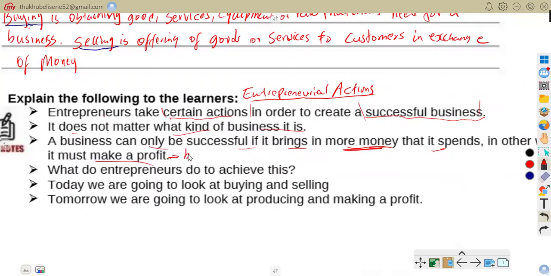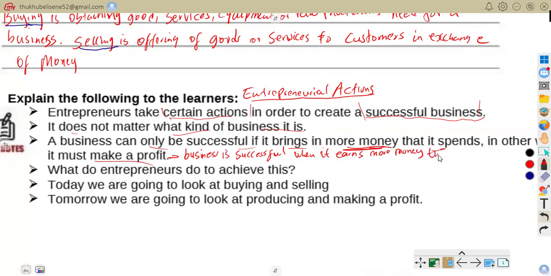Let me write it. A business is successful when it earns more money than it spends.